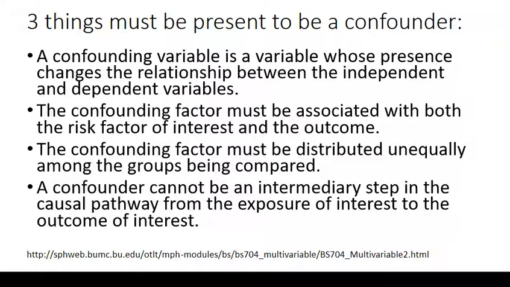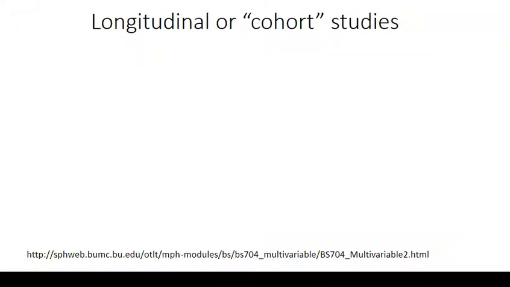But let's take a look at some of the advantages and disadvantages of a longitudinal study. A longitudinal study, like I said, is called a cohort study. Some of the disadvantages are that it's costly. They're really expensive.